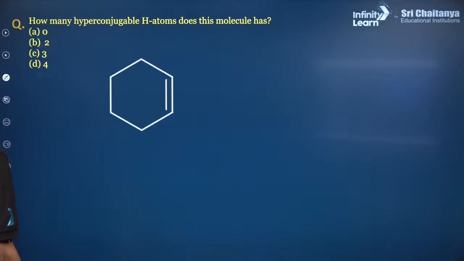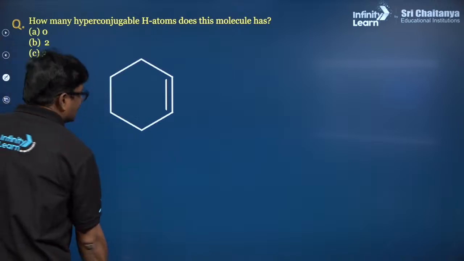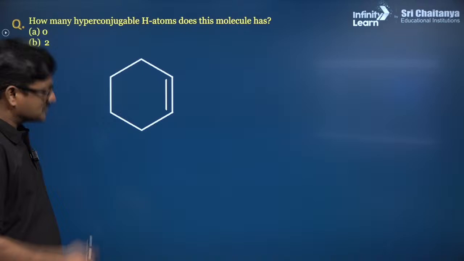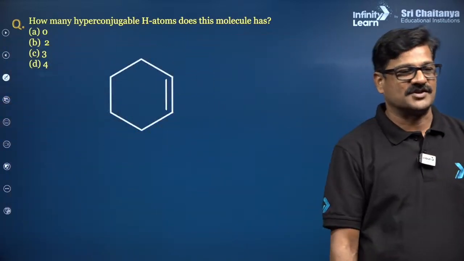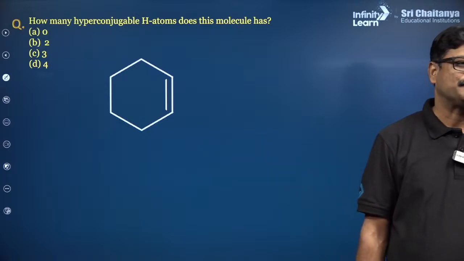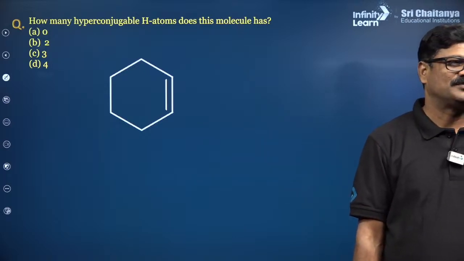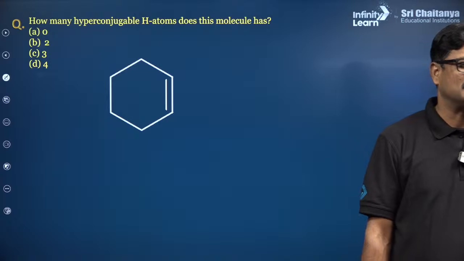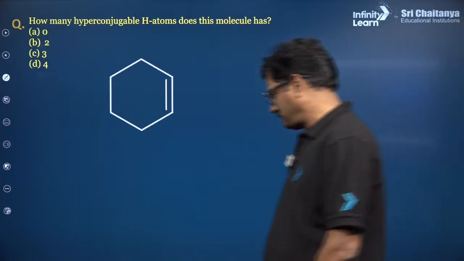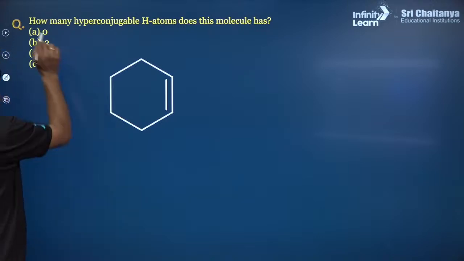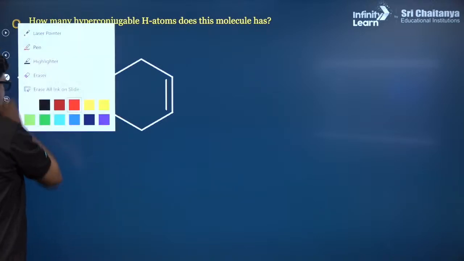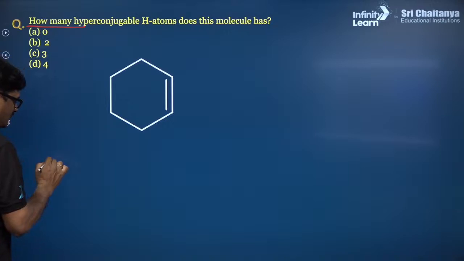Now, how many hyperconjugable hydrogen atoms does this molecule have? It is all about hyperconjugation. What is hyperconjugation? Sigma-pi conjugation. It is about the stability.